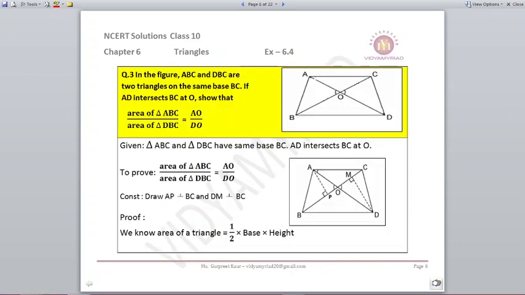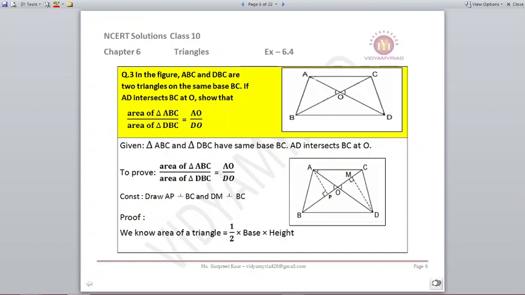Question 3. In the figure, ABC and DBC are two triangles on the same base BC. If AD intersects BC at O, show that area of triangle ABC upon area of triangle DBC is equal to AO upon DO. Now here, to prove this, we need to do a construction. We will draw AP perpendicular to BC and we will draw DM perpendicular to BC.